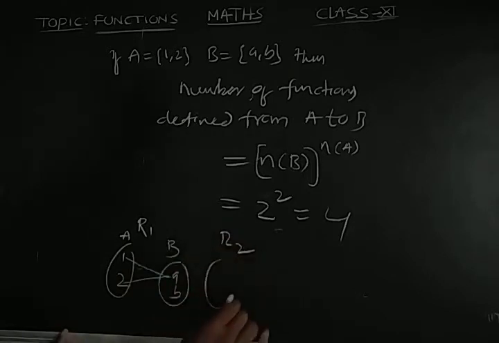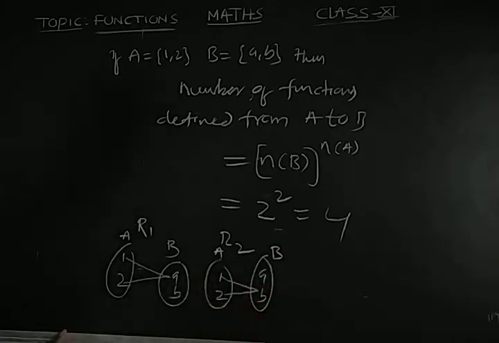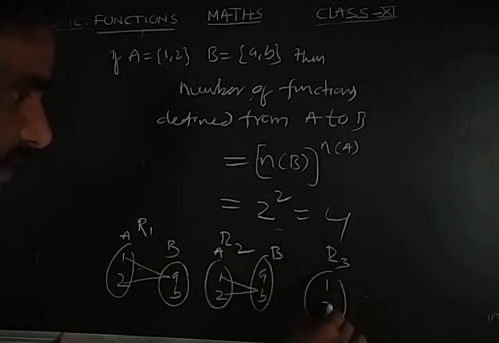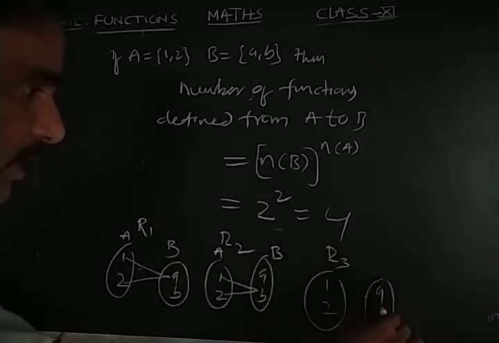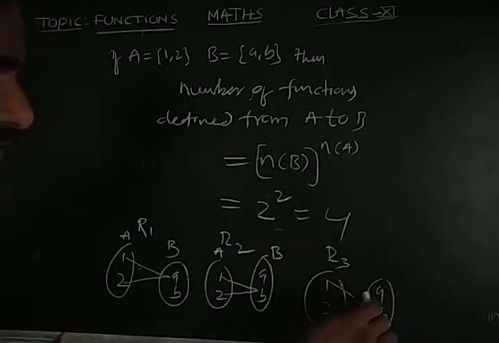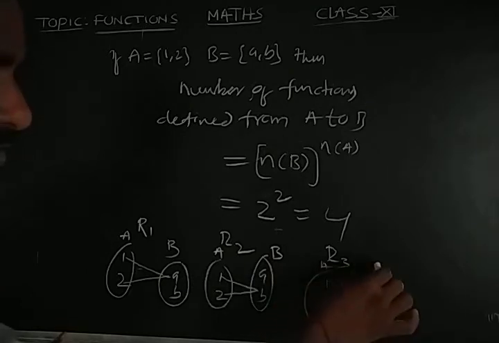Next R2, I am taking here A, here codomain B, 1 comma 2, A comma B. I can take it like this also, this is also a function. Next R3, here I am taking 1 comma 2, here A, B. 1 is related with B, 2 is related with A. This is also one relation, and every element of the domain has a unique image. So this is a function from A to B.